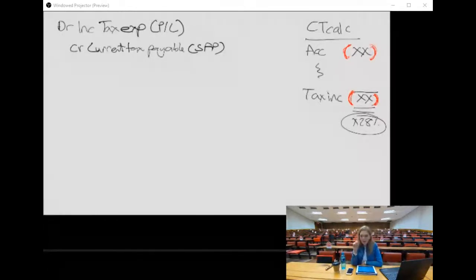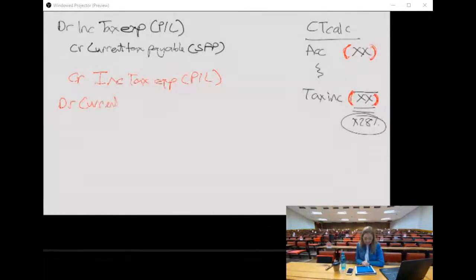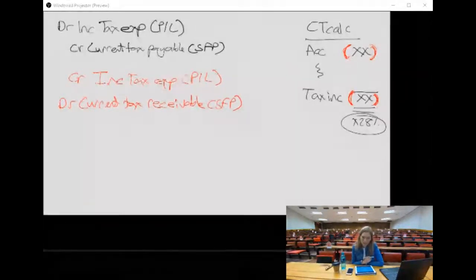Now, what I told you in the first video that you had to watch for IAS 12, is that the worst thing you can do is a journal like this: I've got a tax loss, so I credit income tax expense in profit or loss, and debit current tax, which should be a receivable because it's a debit. Can you see that this does not make sense?